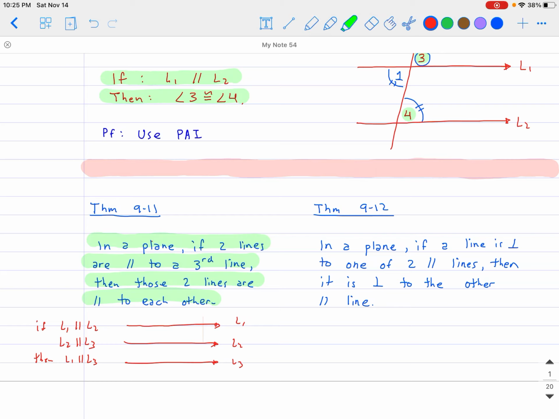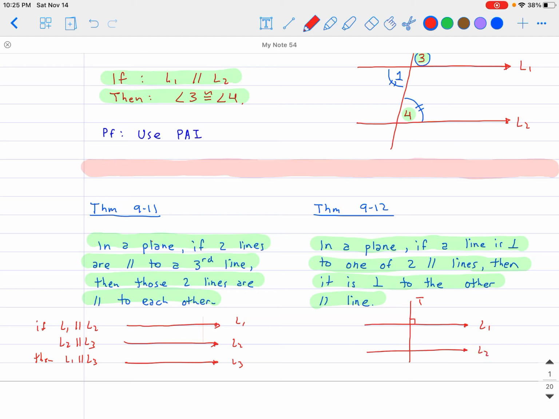Next, in theorem 9.12, it says that in the same plane, or different plane actually, if a line is perpendicular to one of two parallel lines, then it is perpendicular to the second line. So once again, let me just go ahead and draw a picture. Here we're given that we have one line right here, we'll call L1. This is going to be perpendicular to that line. We're going to call that T, for the sake of, quote unquote, using a transversal.